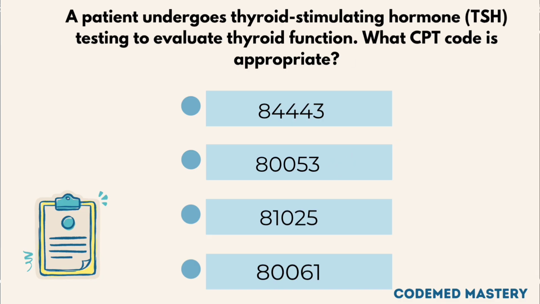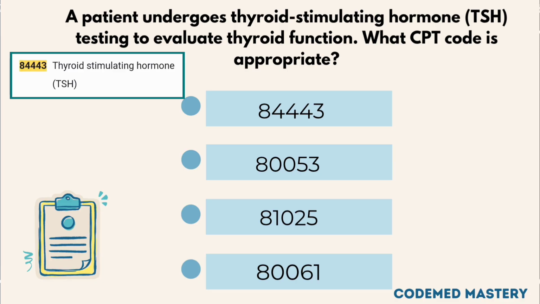A patient undergoes thyroid stimulating hormone TSH test to evaluate thyroid function. What CPT code is appropriate? The code in option A 84443 is for thyroid stimulating hormone TSH. Therefore, that is the appropriate code.